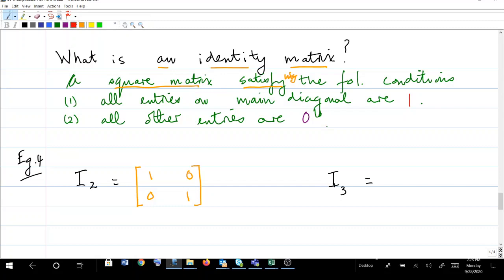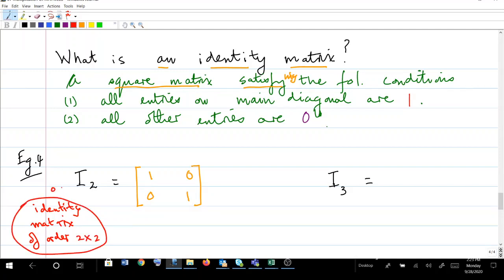So this here is an identity matrix of order 2 by 2, right?